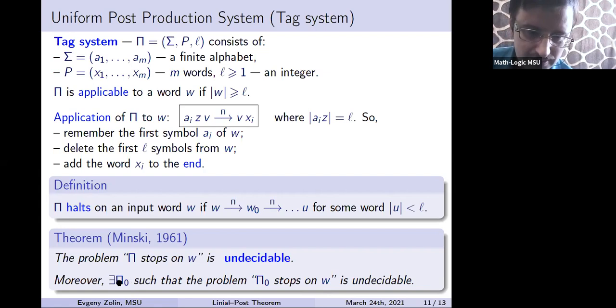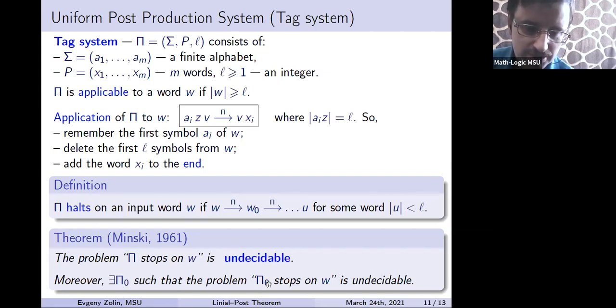There are several systems like this in the literature, and they are not very hard. These words x1 through xm are of length 3, 4, and so on, so just small words, and m is about 10, L is about 2 or 3, I don't remember.